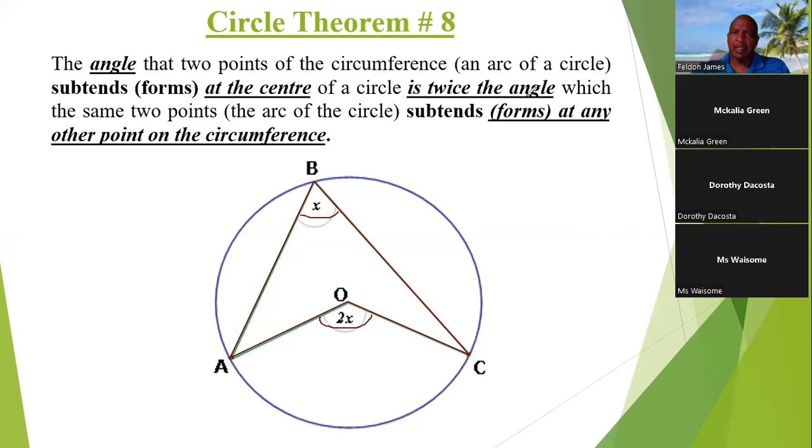Yes, sir. So that's the theorem. That's what the theorem is saying. So I'm saying now, suppose from A, I form an angle on this arc below A and C. Are you following me, Ms. Wesam?